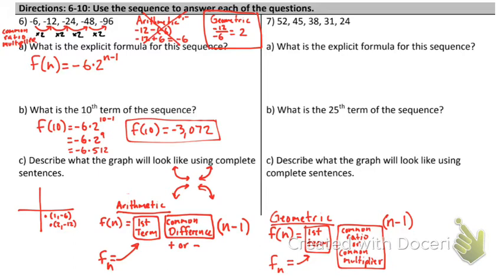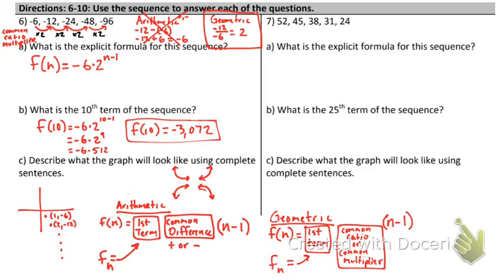And if you continue this pattern, you end up with a curve that looks like this. Sorry. Okay, the curve goes the other way. All right.